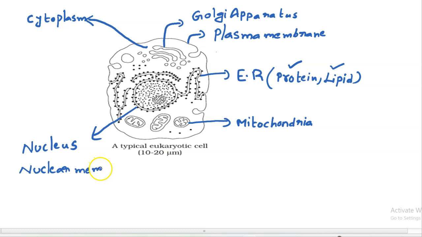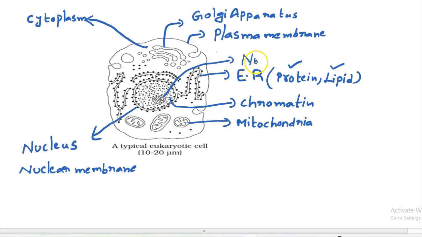Within the nucleus, we find the presence of chromatin material. Later on, they condense to form chromosomes. And this circular structure is known as nucleolus, involved in synthesis of ribosomes. These large structures are vacuoles, useful for storage.